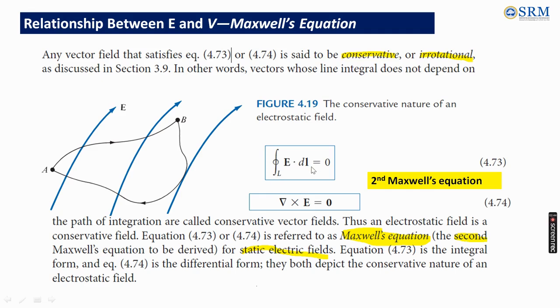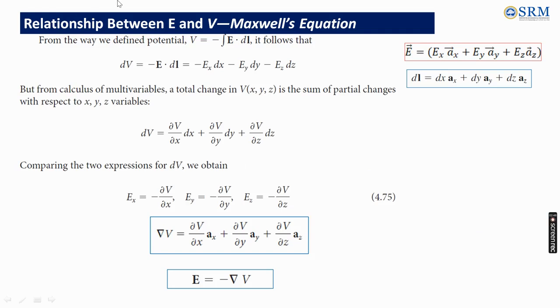Okay, now let us continue, finding the relationship between the electric field intensity and electric potential. We already know the potential is equal to the negative of the line integral of E dot dl. We already know what the E vector and the dl vector are in Cartesian coordinates, and we are going to find the differential potential dV.